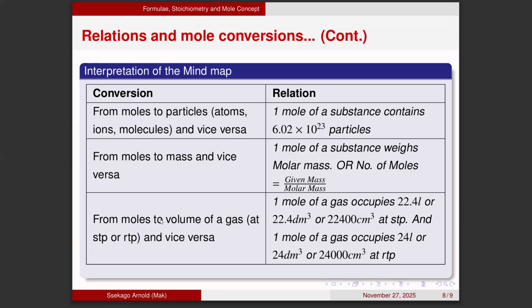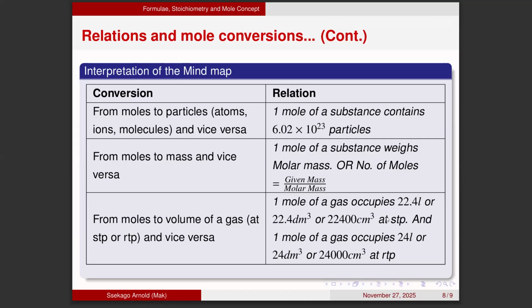Similarly, when we are converting from moles to volume of a gas at STP or at RTP and vice versa, what do we use? 1 mole of a gas occupies 22.4 liters. This is the same as 22.4 decimeters cubed, or 22,400 centimeters cubed at STP. All these are the same things. It depends on the units that are given in the item.